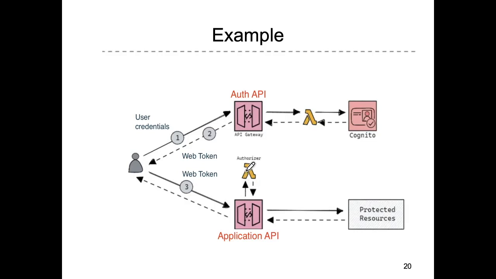So this Lambda here, which we write, will need to communicate with Cognito to complete the verification of the token. And then if the token is valid, the request is forwarded on to your protected backend service, your protected backend functionality. So it's this architecture that we want to implement.